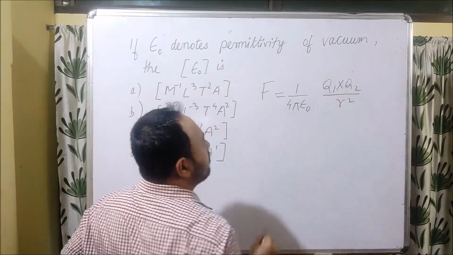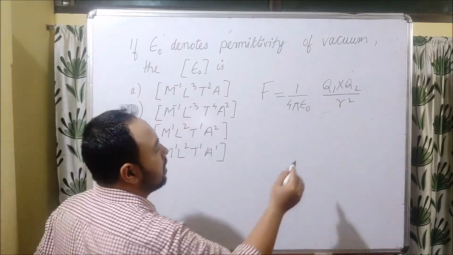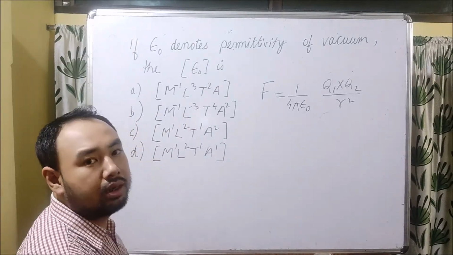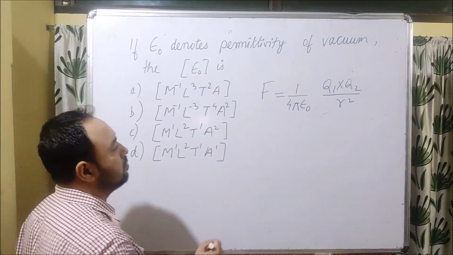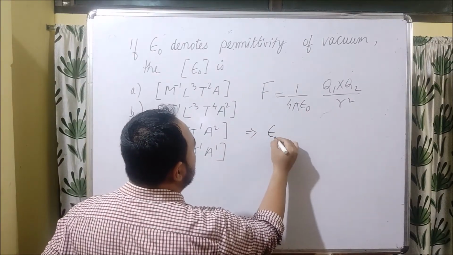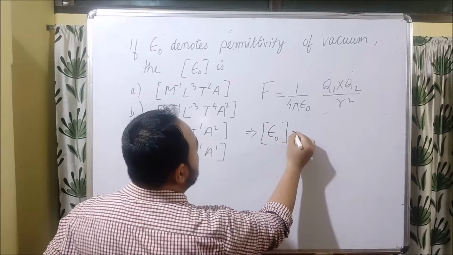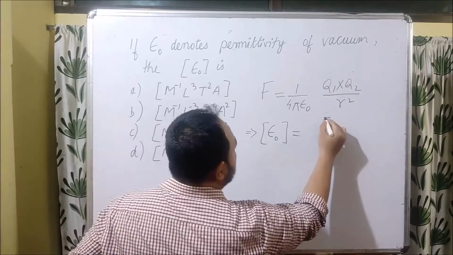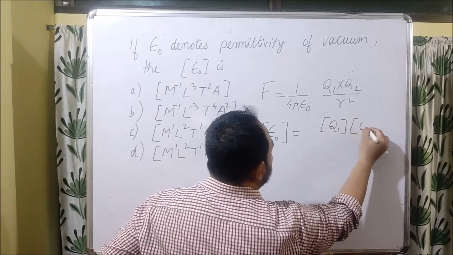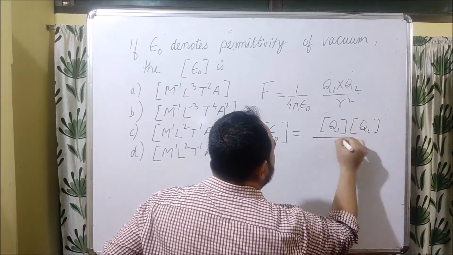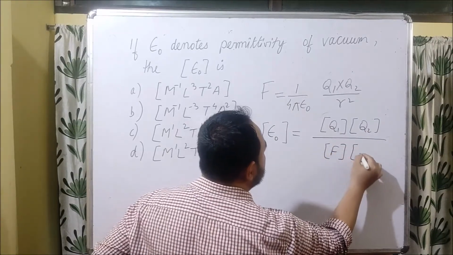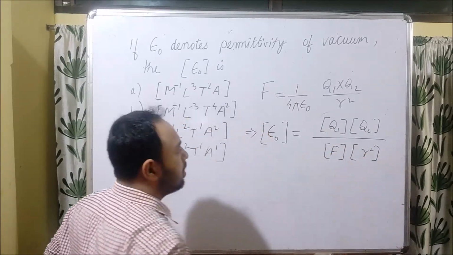Here Q1 and Q2 are the charges, and R is the distance of separation between the two charges Q1 and Q2. So from here we will get that epsilon naught is equal to Q1 Q2 divided by force then R square.